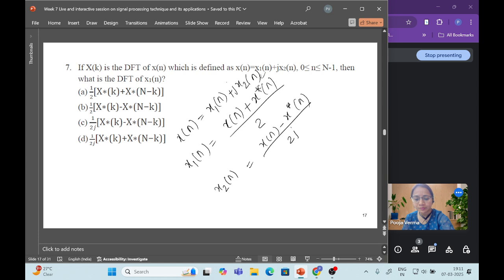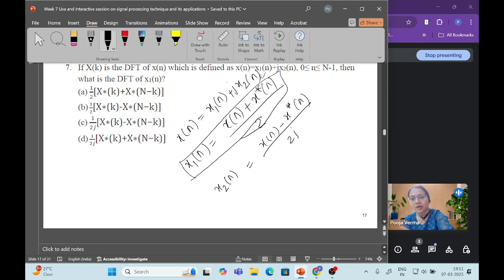Now we need to find out the x1 of n. So x2 we don't require, so I'm just removing it.